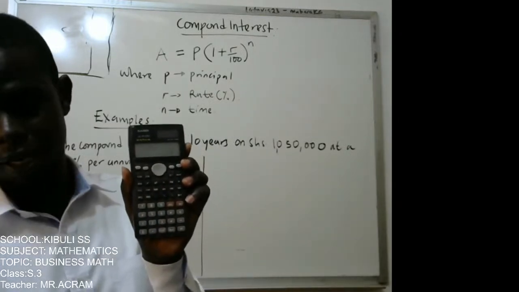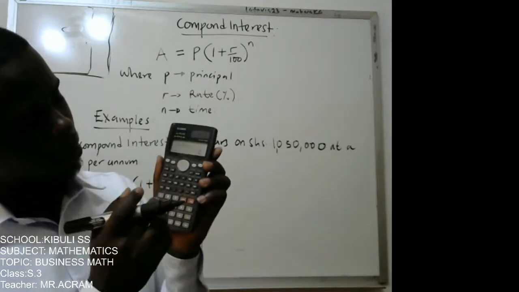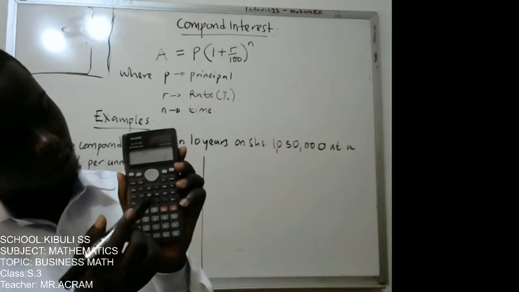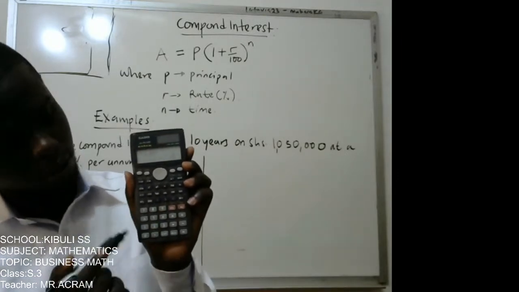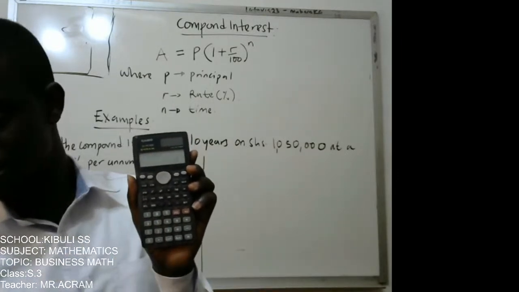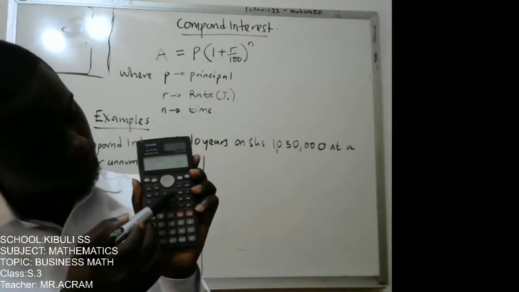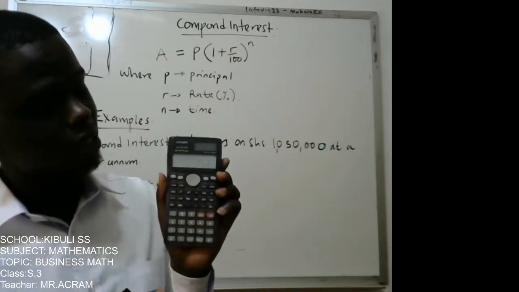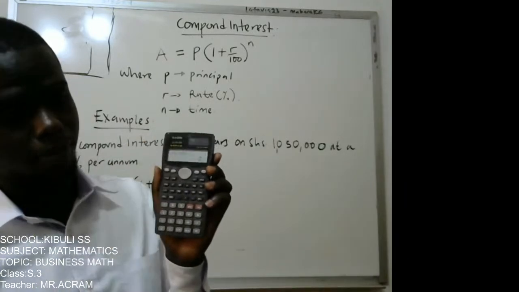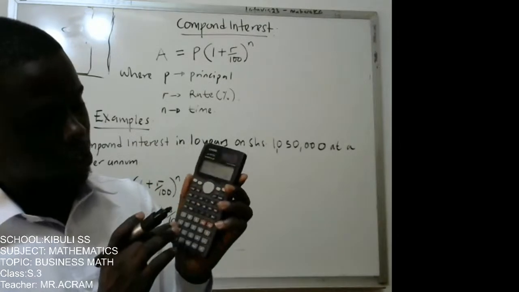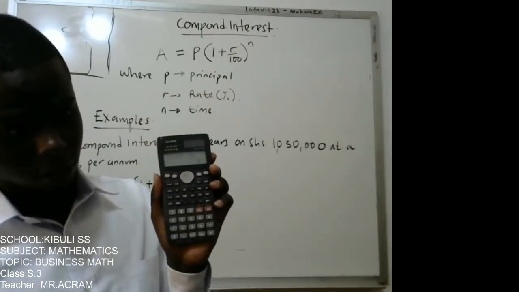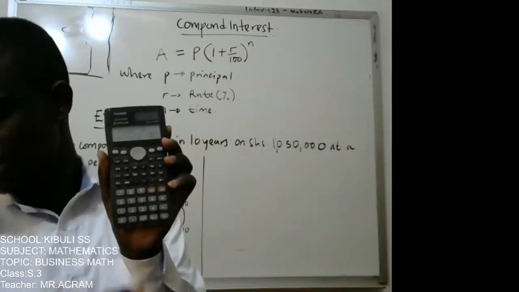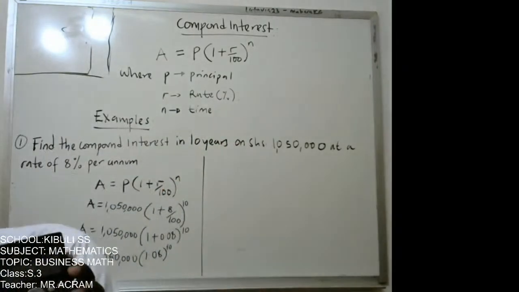After that, the symbol that shows us power is here. Let me hope you can see it. This symbol takes us to power. You press it. It means that whatever you're going to write now is going up. Now you put in 10. Are we together? So it means 1.08 power 10. I don't know whether you've done that.